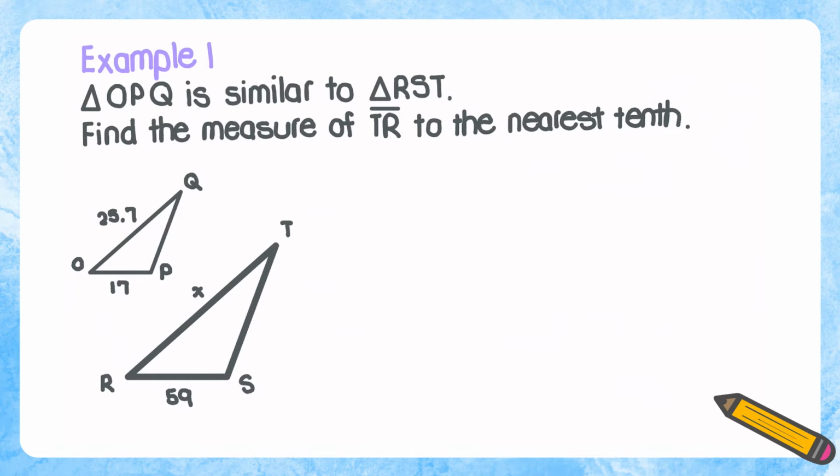Please remember to draw out the triangles in your notes. So we're going to find the length of side TR, that's this side right here, and notice how its corresponding side is side QO. We're also given another pair of corresponding sides right here.